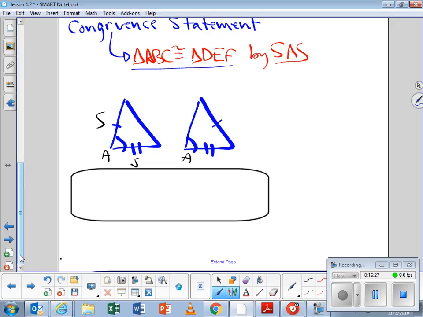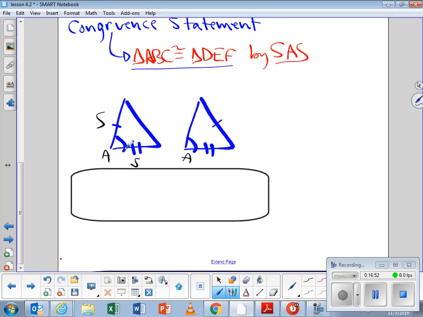Oh. Okay, I should have erased those SAS. I'll make sure I do that before we talk to the next group, although it's already in your notes, isn't it? But what he's really trying to say is this angle is where in relationship to my two sides? What's the proper term? Included, right, Lauren? Included.